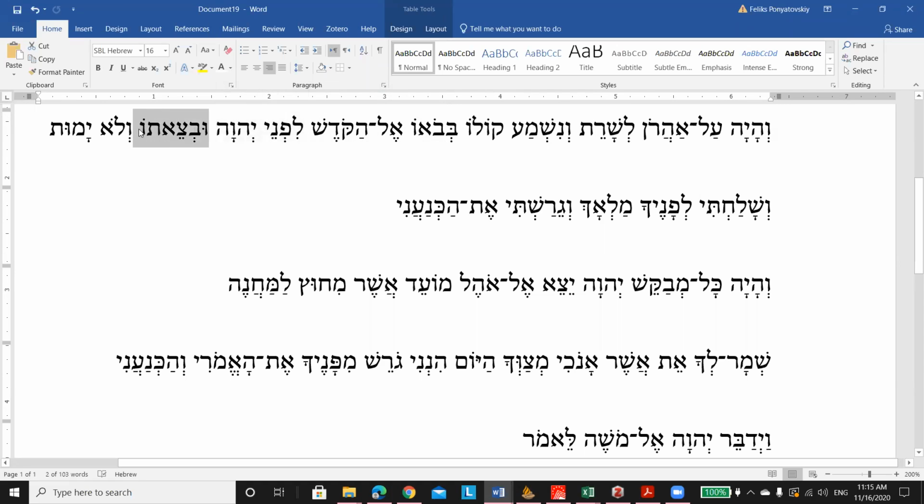Okay, and now this one. And when. Okay, so what is the root? Can you identify the root? Yatsa. Yatsa, correct. The yud disappeared here, but the root is yatsa, and the meaning of the root is to go out.